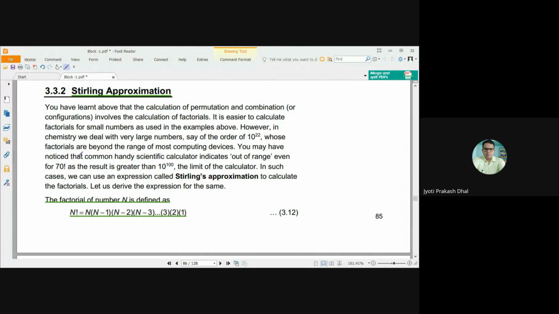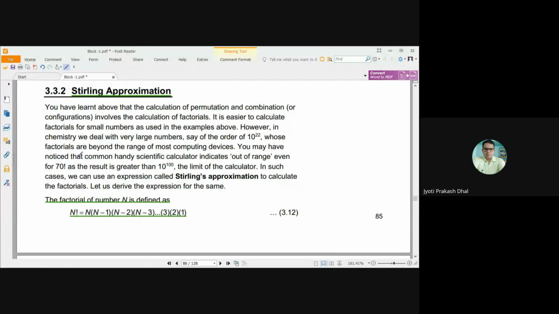Question number 2D, so that was a 3 marks question: using Stirling's approximation, calculate the percentage of error introduced in computing the value of 6 factorial.